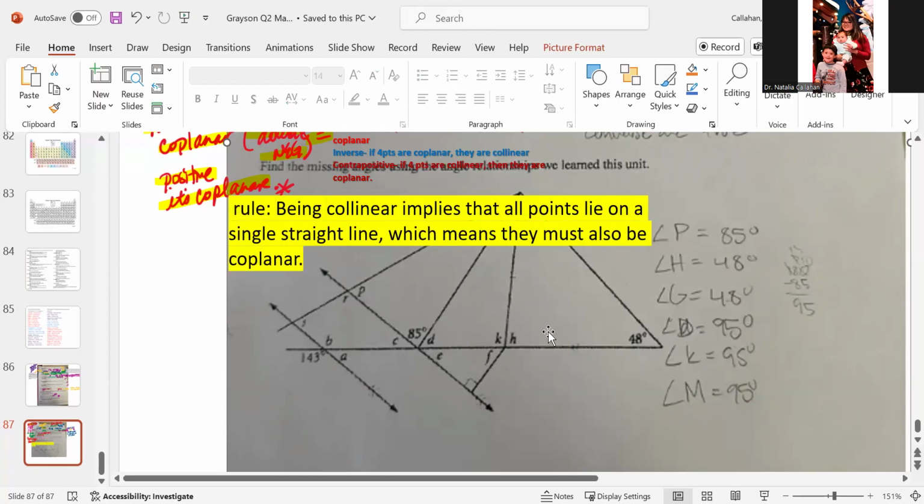So if they're on the same line, they have to be on the same plane, okay? And if they're not on the same plane, then they're not on the same line. Does that make sense? Yeah. All right.